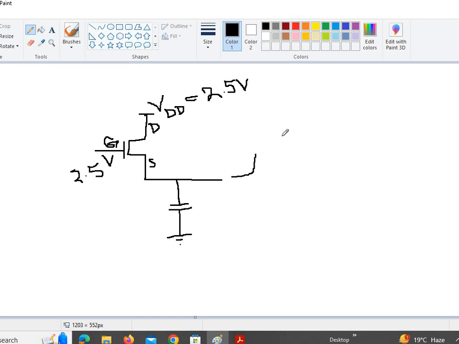So this output over here can be charged up to 2.1 volts if we use an NMOS transistor, but we cannot pull it all the way up to 2.5 volts using an NMOS transistor. So that's why we say that it's better to use PMOS transistors in the pull-up network, because PMOS transistors can pull the output all the way up to 2.5 volts.